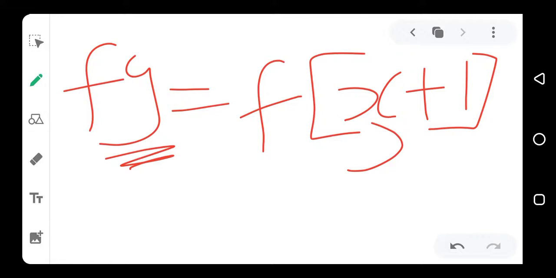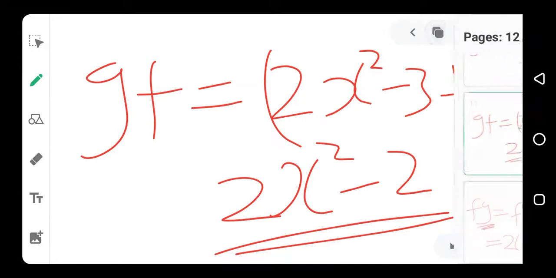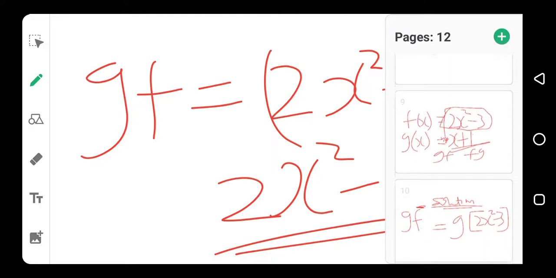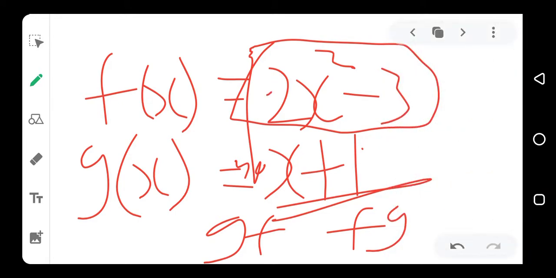So we are going to have 2 brackets, we already have that x is equal to x plus 1. So it becomes, remember that our f is equal to 2x raised to power 2 minus 3.